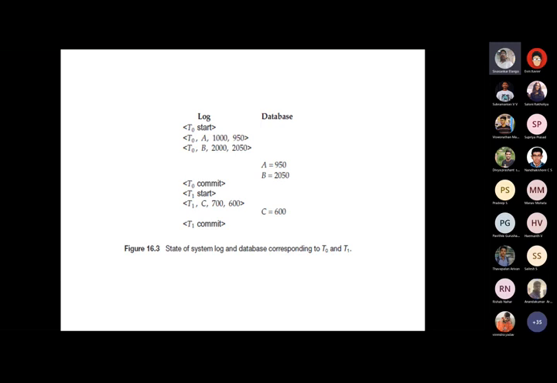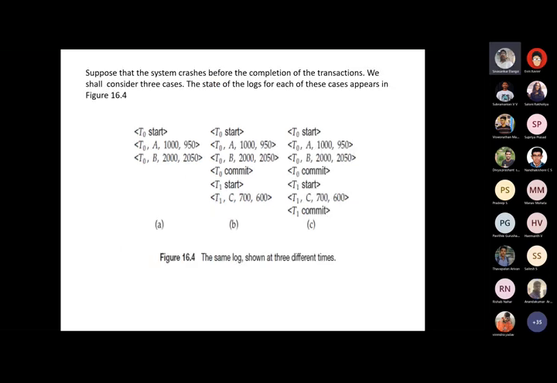Once T1 performs the commit operation, then only the value is being updated, right? So let us see three cases, right? So what happens whenever there is a failure? Let us see what happens when a failure occurs during the first case.